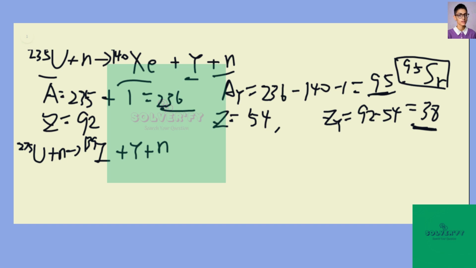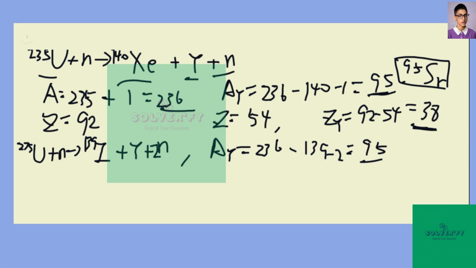So just use the same method. You can see that the Y element contains total mass AY equal to 236 minus 139 minus 2. Right, there are 2 neutrons here. So this is the same as the previous one, which is 95.